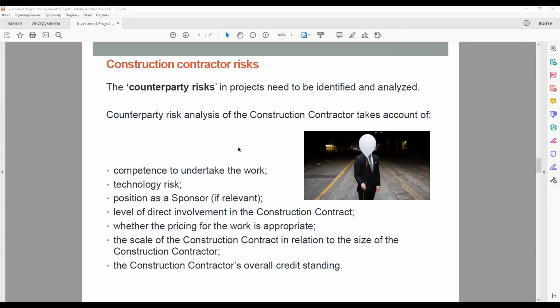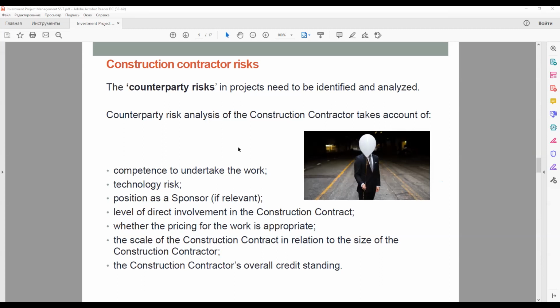The risk related to a project counterparty is less if that party can be replaced easily, which may be the case with an operation and maintenance contractor, but not with a construction contractor. So it's really hard to switch from one construction contractor to another in the course of construction.